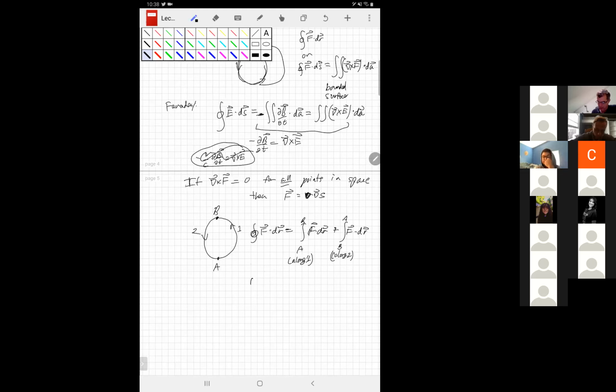Or I could say that that is the integral from A to B of F dot dr along 1, minus the integral from A to B of F dot dr along 2, because whenever you reverse the limits of integration, replacing A with B and B with A, you just multiply the integral by a minus sign.